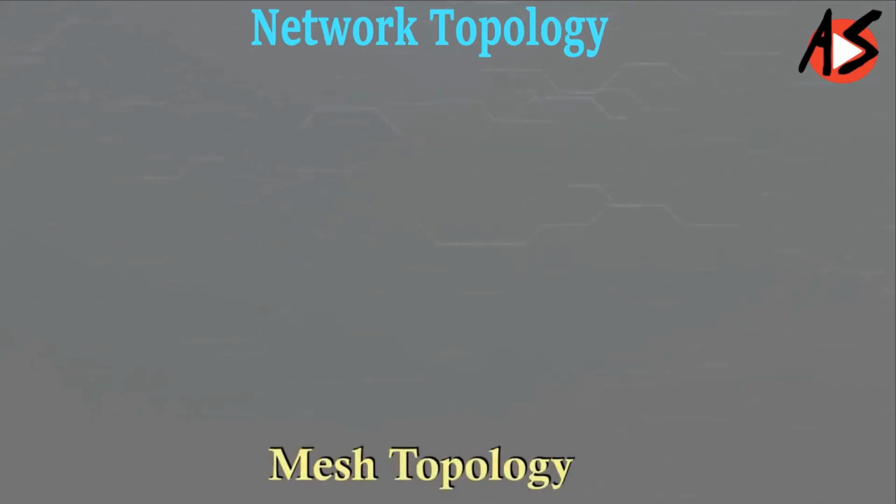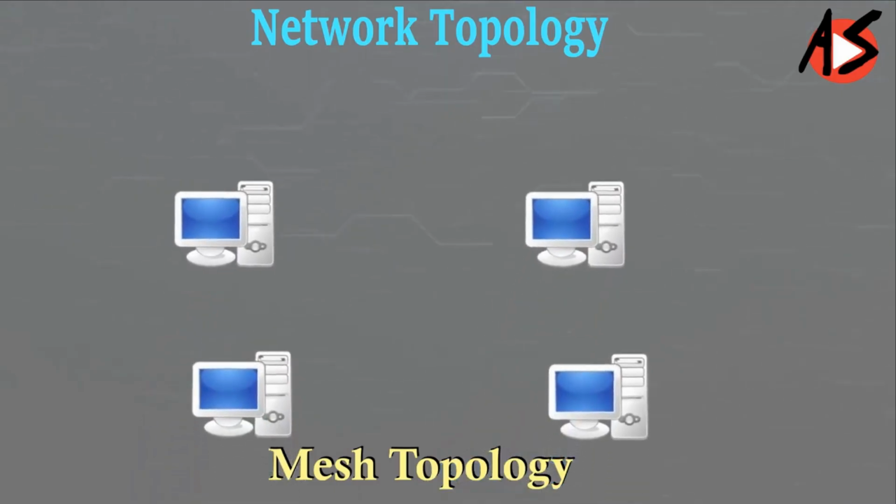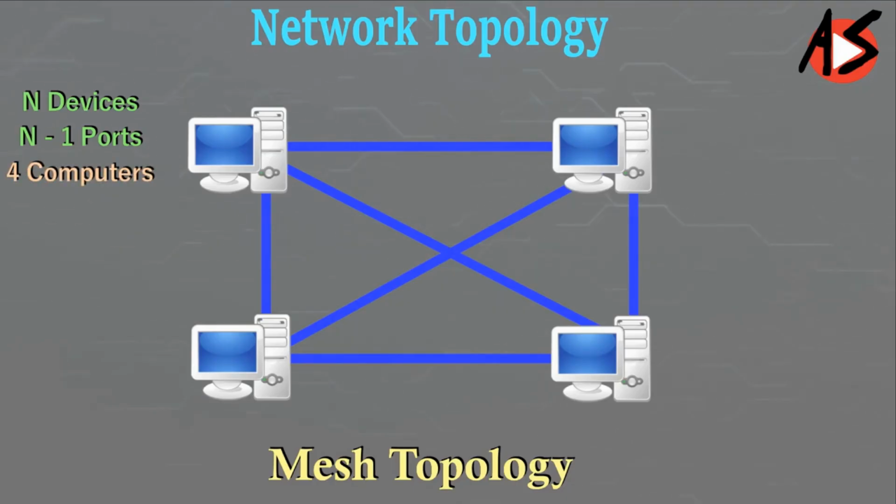Mesh topology. In mesh topology, every device is connected to every other device via a particular channel. So if you want to connect n devices, you require n-1 ports in each device. So here we have 4 computers, then we require 4-1 equals 3 ports in each computer.